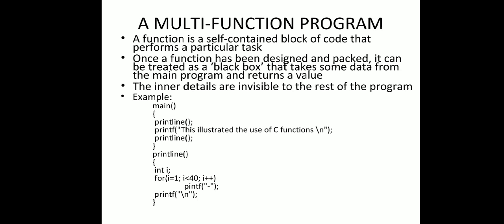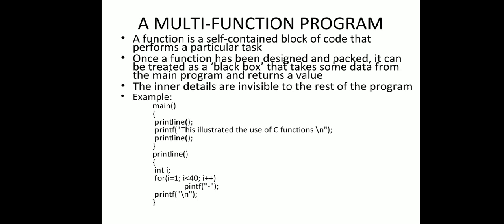Just imagine a black box that takes data from the main program and returns a value. So we are going to take data from the main program and we are going to return the value to the main program again. Whatever the inner details it has will be invisible to the rest of the program.